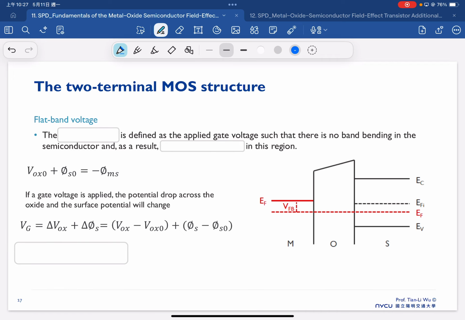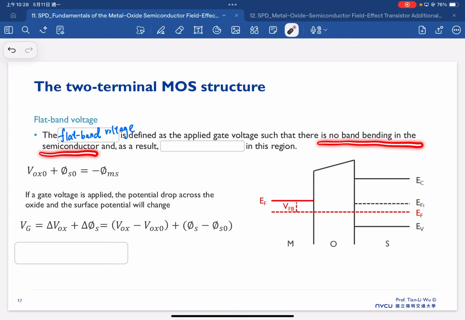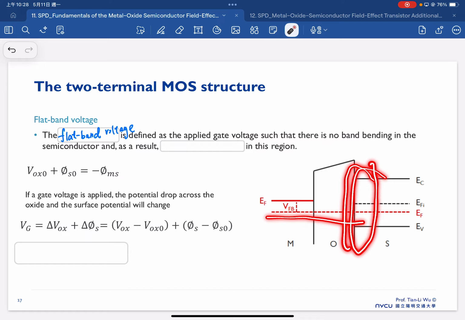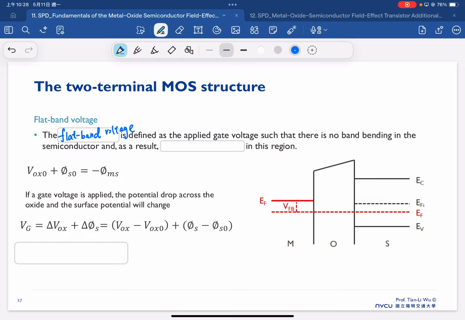The flat band voltage is defined as the applied gate voltage such that there's no band bending in the semiconductor, and as a result, if there's no band bending, that means there's zero net space charge in this region.